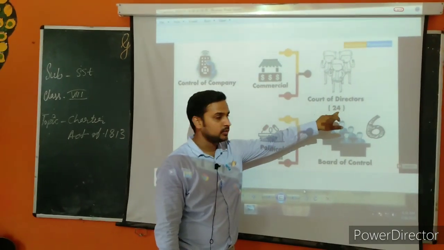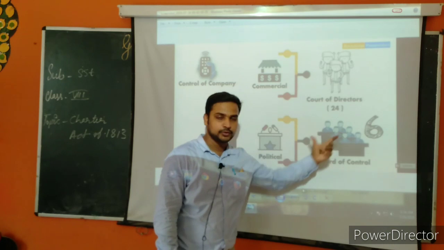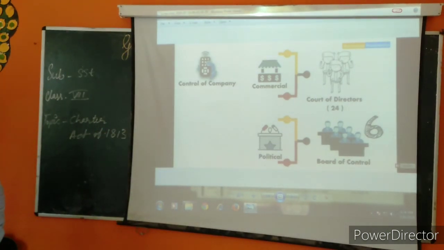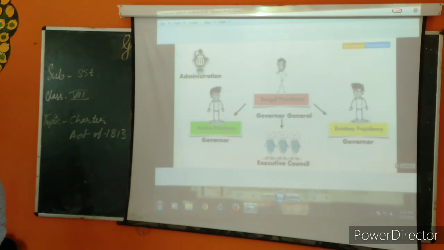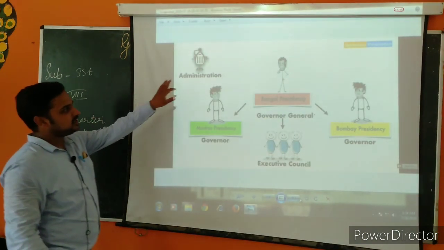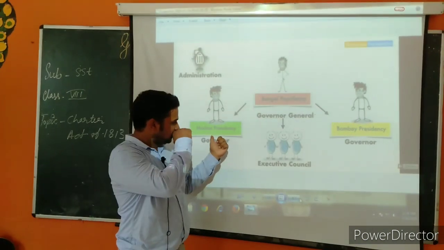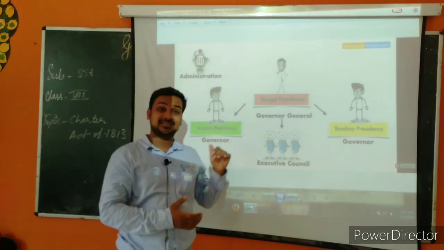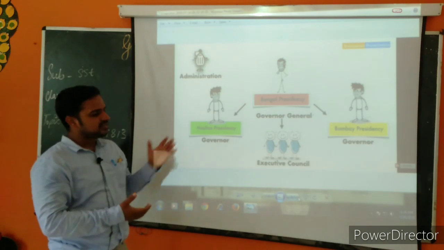The Court of Directors were 24 in number and the Board of Control 6 in number. This is very easy for you to understand because this is not new for you anymore. If you talk about administration, the Bengal presidency and all remains the same as it was in Pitt's India Act.